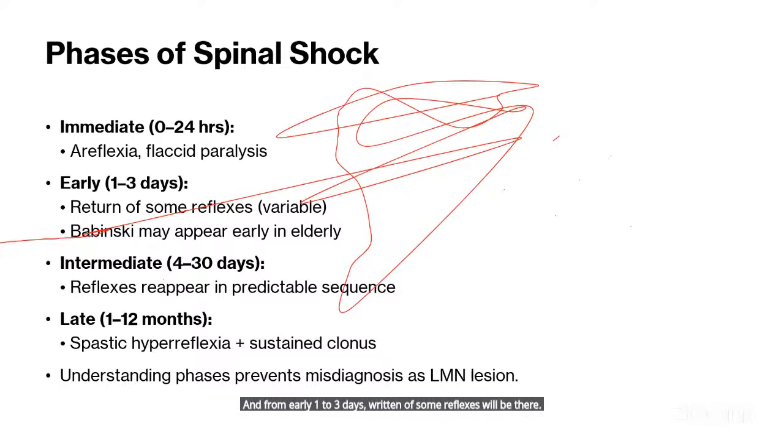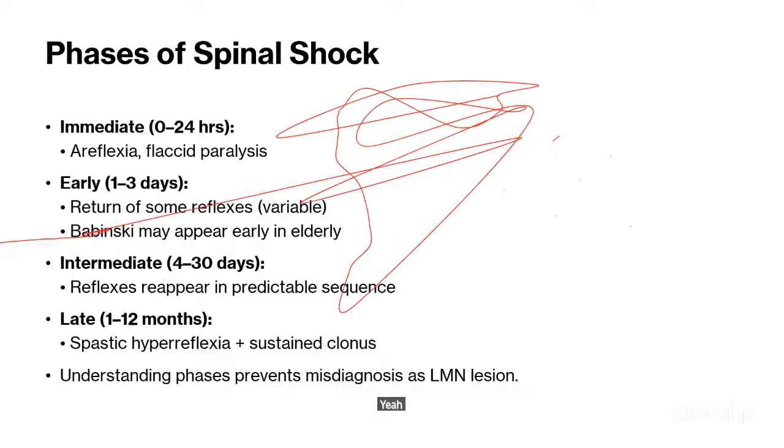First reflex, I think the anal reflex is the one that will come back first. And then Babinski may appear early in the elderly. Next stage is intermediate, from 4th day to 30 days. Reflexes reappear in a predictable sequence. And later stages, from 1 to 12 months, spastic hyperreflexia with sustained clonus. So initially we may think it is an LMN lesion because of areflexia and flaccid paralysis in the first 24 hours.